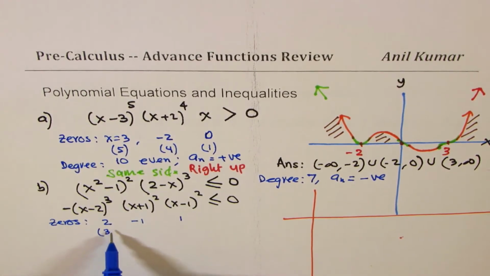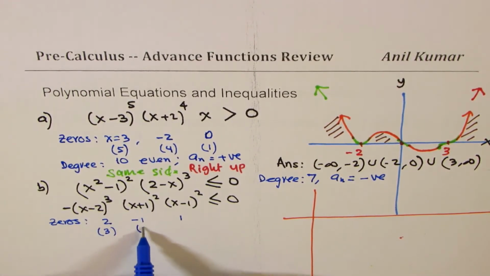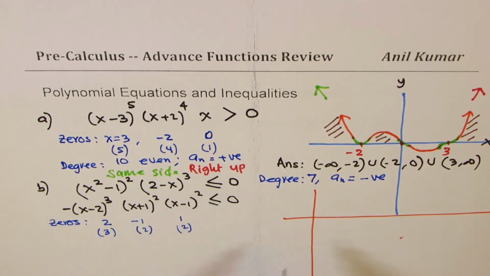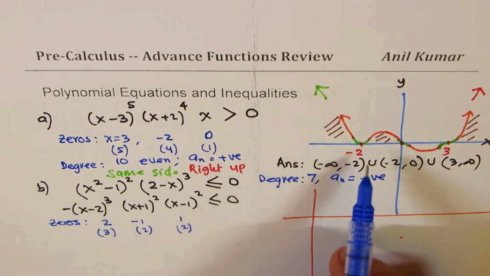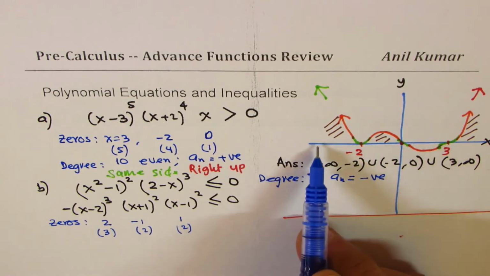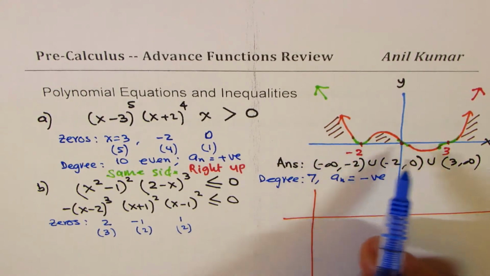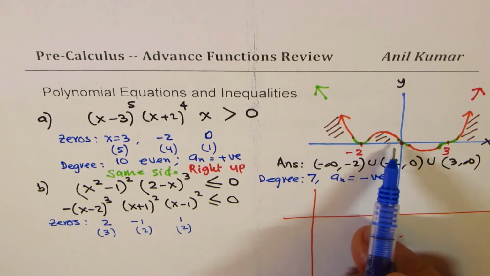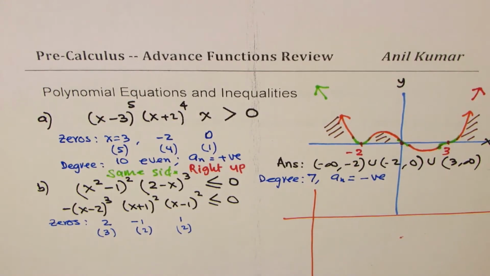At 2, the multiplicity is 3. At minus 1 and plus 1 it is 2. Right, so these are the zeros, which will divide your line or interval or domain in intervals where you could have solution. So 3 zeros means 4 intervals, right?